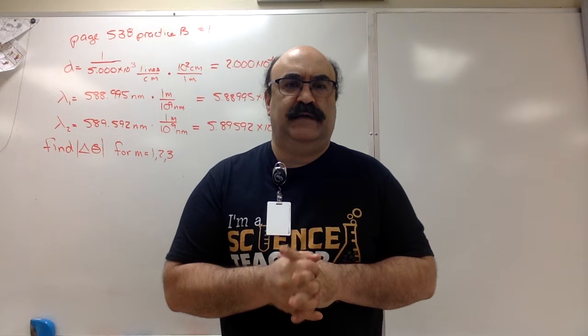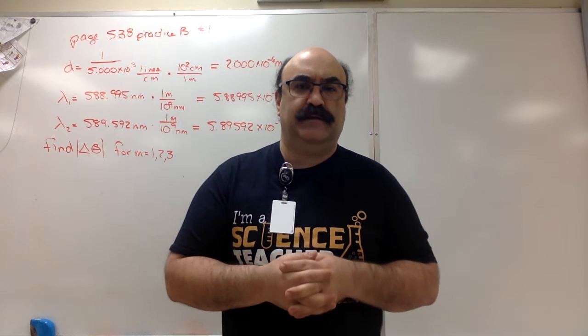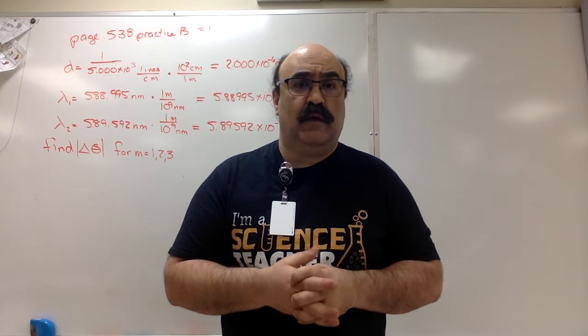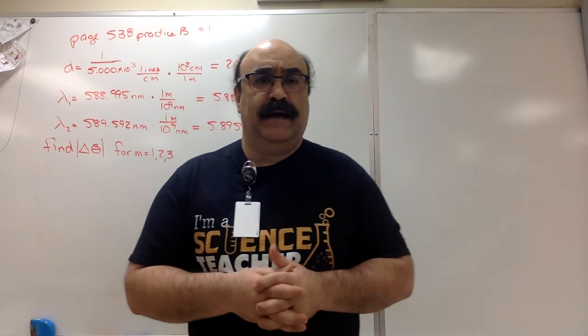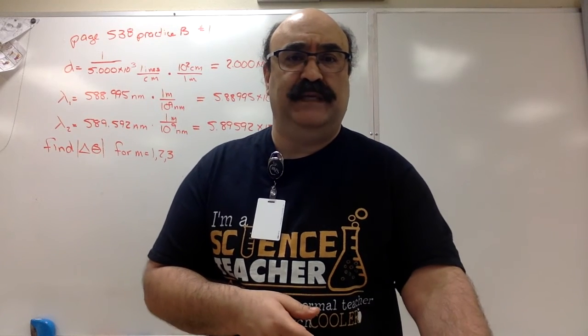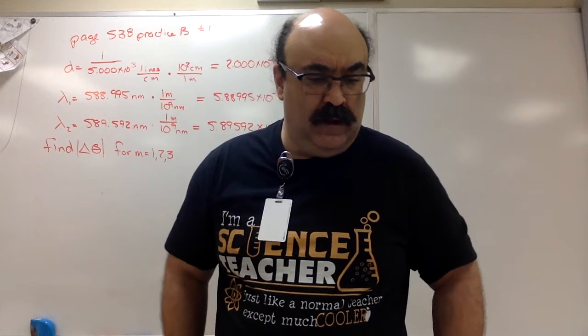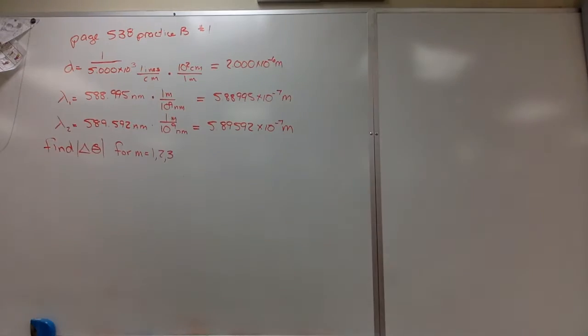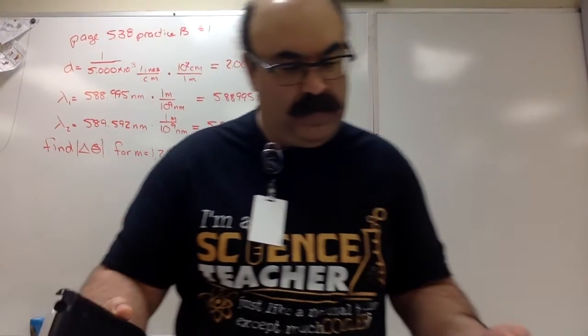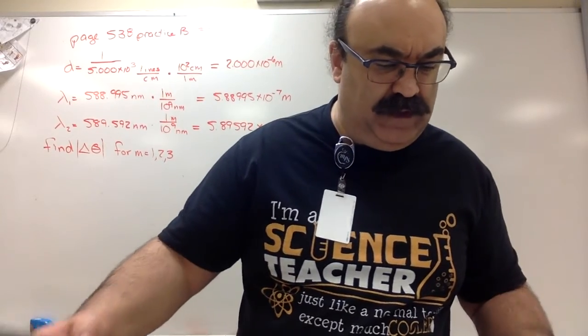I had a question that said, please, could you do a diffraction problem so I can see how it works? So I'm looking at page 538, practice B, number 1. What we're expected to do is, we have a diffraction grating with 5.000 times 10 to the third lines per centimeter that is used to examine the sodium spectrum.